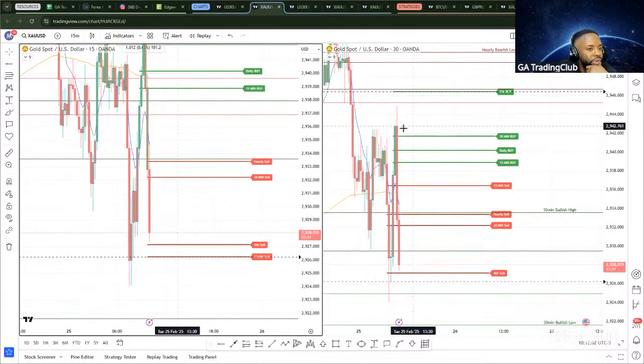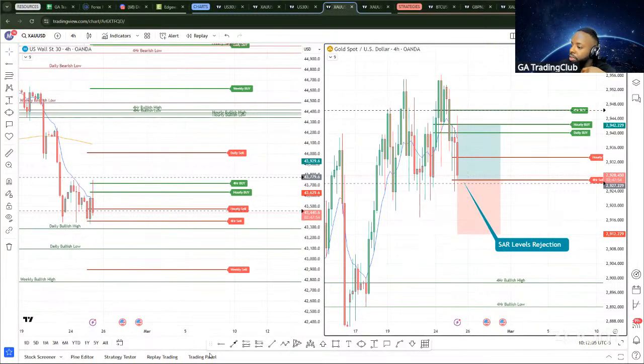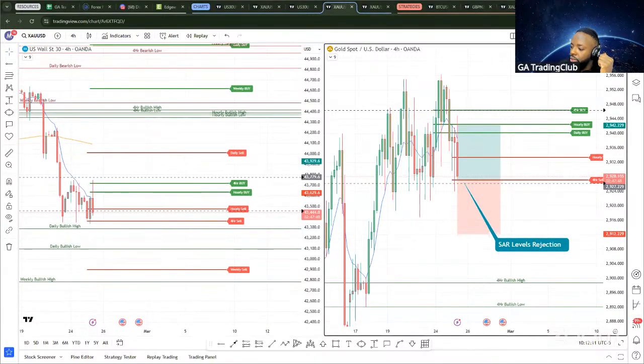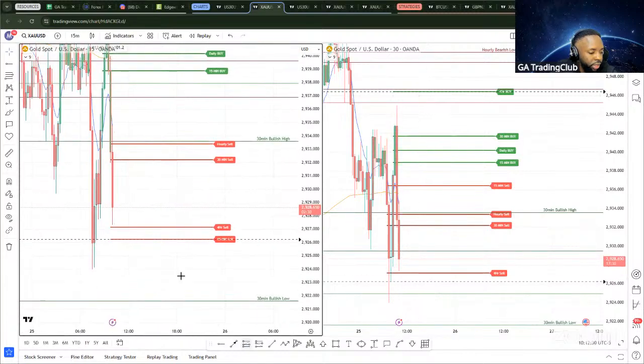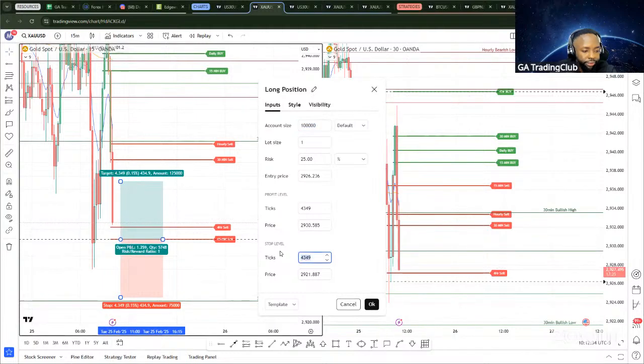But for gold, since I already have this pending buy, let me see if it's activated. The pending buy for gold is almost activated on the 4 hour. Let's see if it will do anything. Yeah, so we're in a demand zone for gold here as well. So if we get one here, this might be a rejection scalp on gold.